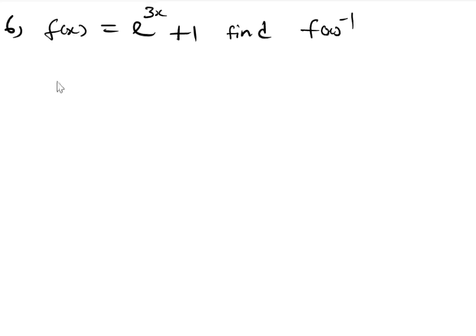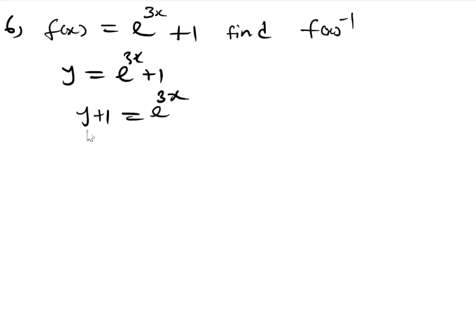Rule number 1, set f of x to be y. y is equal to exponential 3x plus 1. Rule number 2, make x the subject of the formula. Then I have y plus 1 is equal to exponential 3x. So remember the ln exponential and exponential ln.